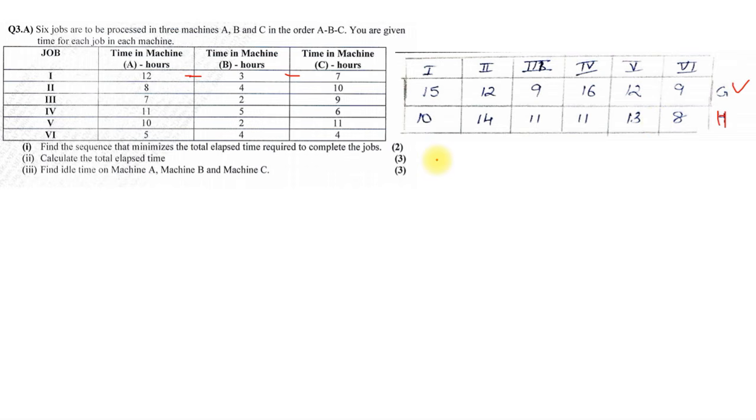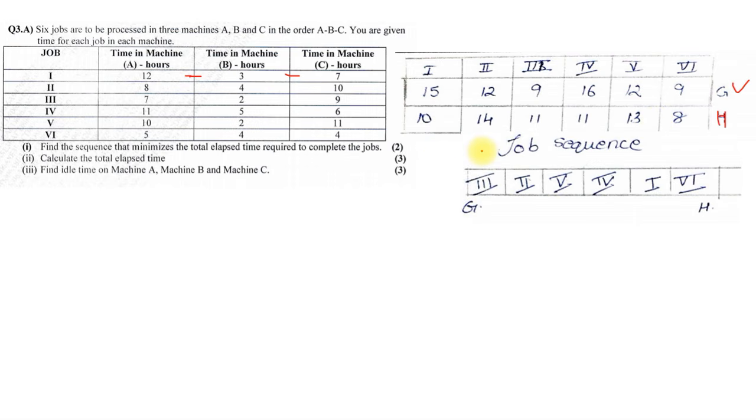Now from this we need to find our job sequence. The lowest value is 8, which is under machine H, job 6, so it came here. Next lowest is 9, which is under job 3 on G, so it came on the G side.